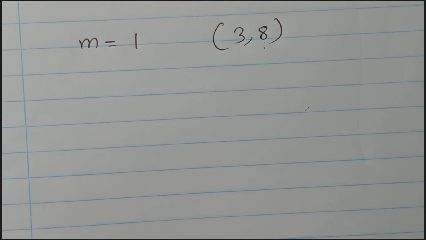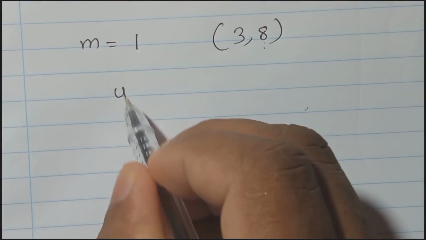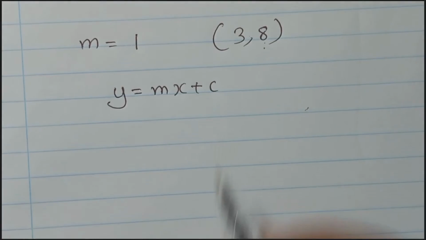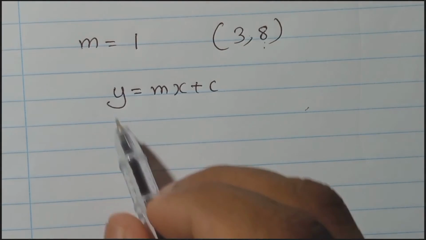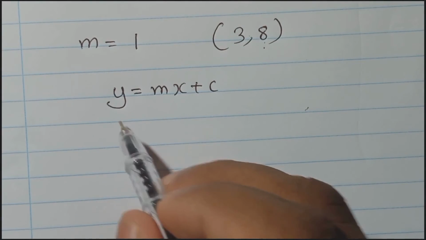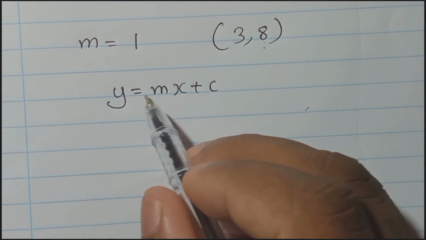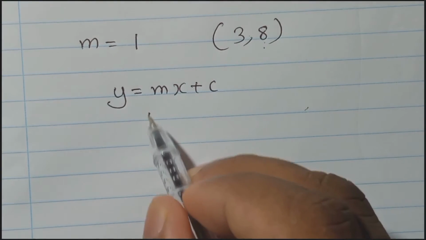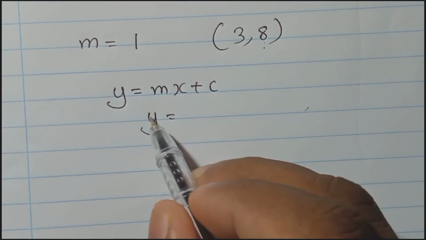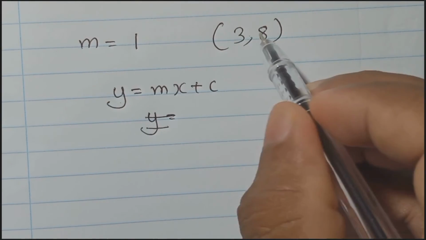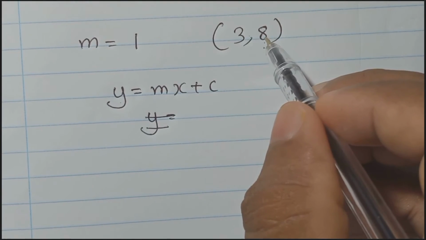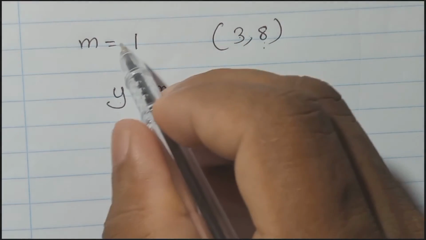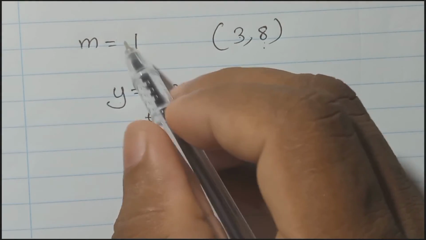Again, very simple idea. We write our format, y equal mx plus c, right? Now we can do it this way, but we need to find the c intercept. We know the gradient, so like we did earlier, for y I write the y value of this coordinate, for x I put the x coordinate, and for m I put the given gradient.